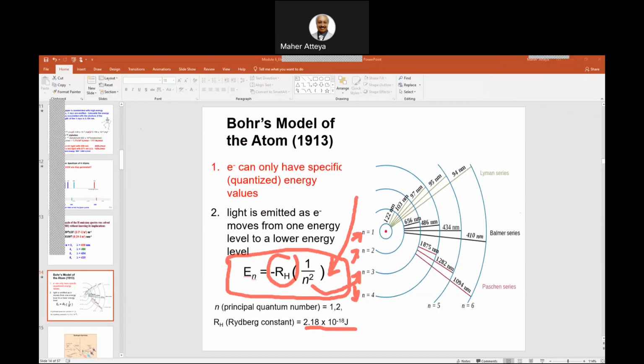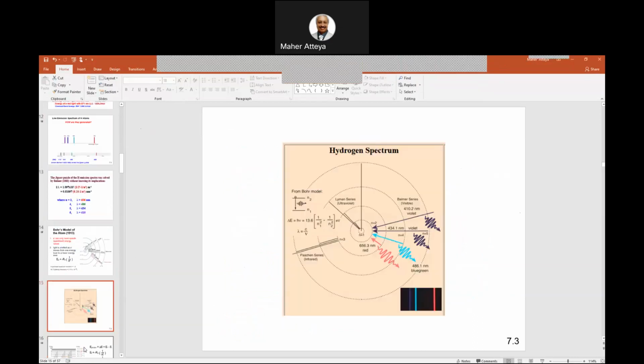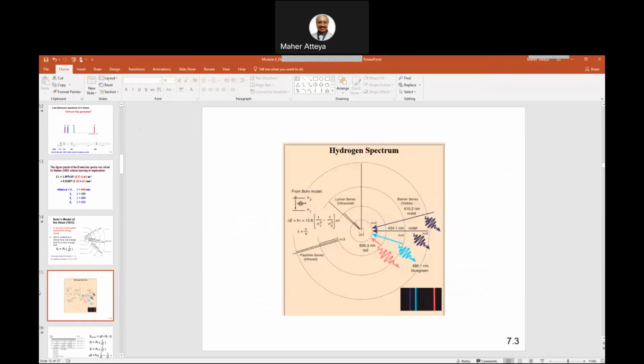That's the Bohr model, but the formula is called the Rydberg formula. This is the Rydberg formula, but it's coming from Bohr's theory. If you look at this, it's the same way. It came out, and then it's giving back its energy.